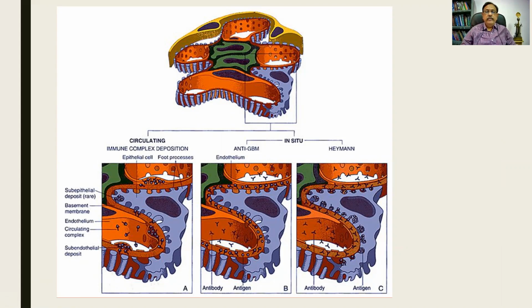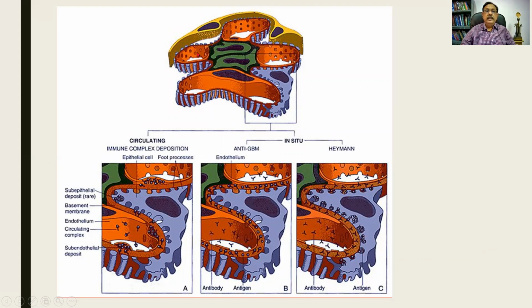This is a picture that we shall and will remember. It is a little complex. I shall be slow and deliberate in explaining it. And this will be repeated any number of times. This is a tuft of capillary that we are seeing in the glomerulus. And there is a central region called the mesangium that is supporting it.